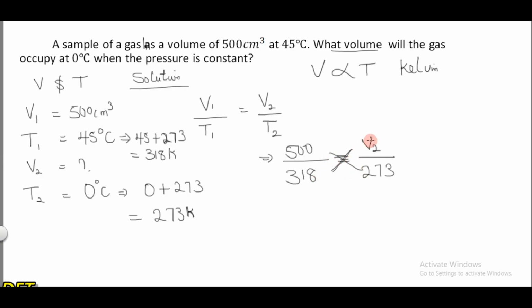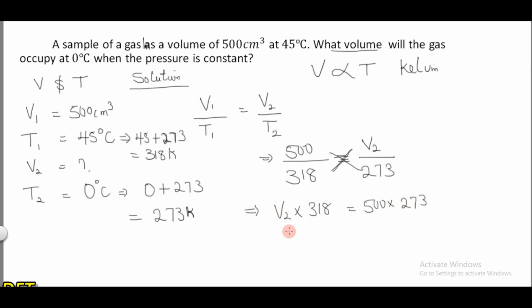You cross multiply. This V2 will multiply this 318, and this 500 will multiply this 273. So V2 times 318 is equal to 500 times 273.